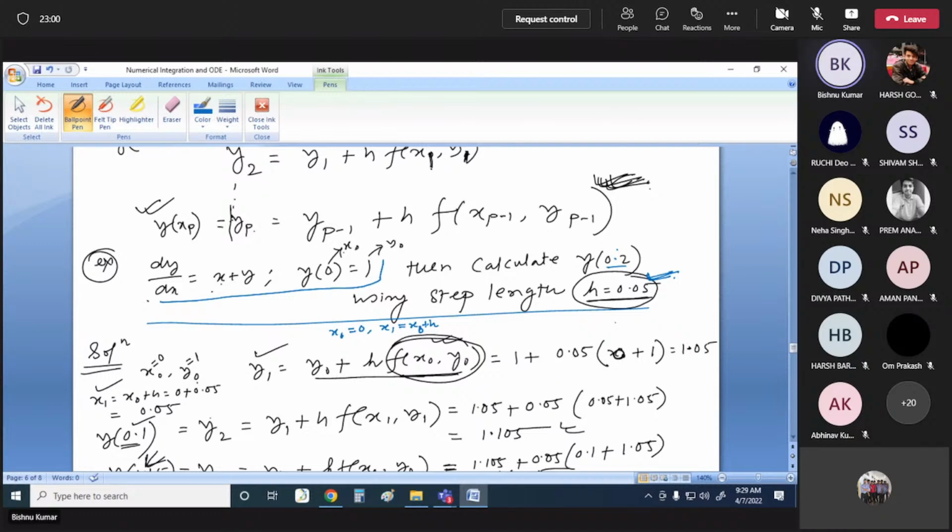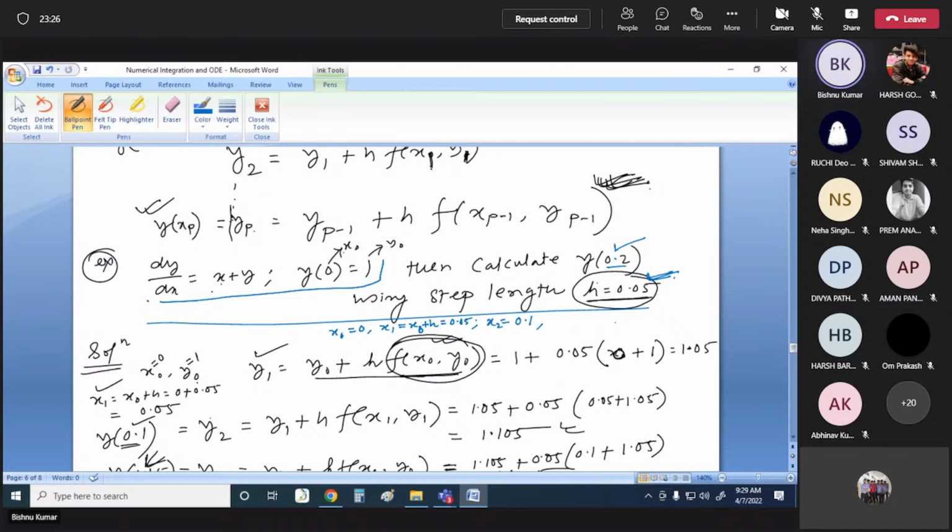You have to calculate the value of y at x equals 0.2. Still, you are not getting x value 0.2. At this point, with the help of x0, y0 given to you, you can calculate y1. y1 means the value of y at x1. y2 means the value of y at x2, which is 0.1.